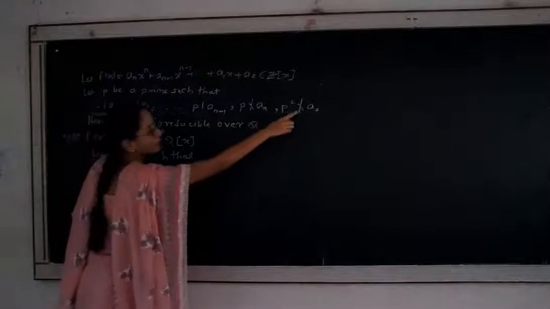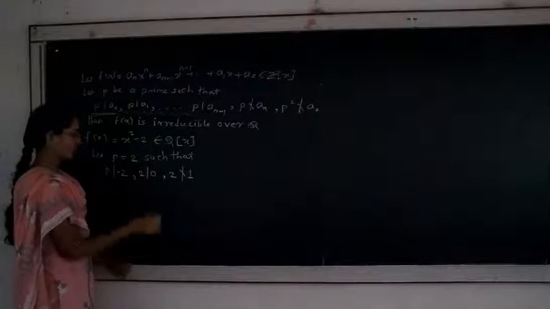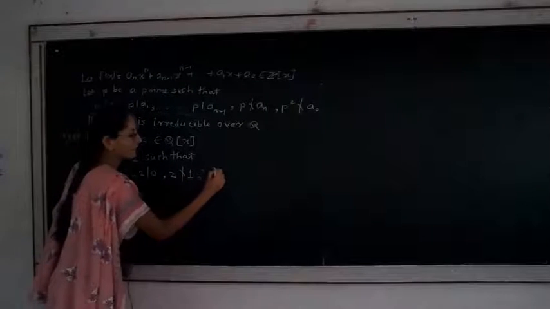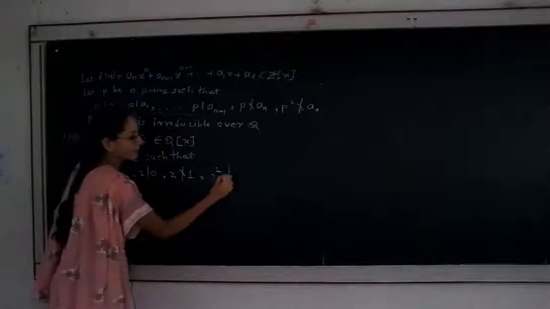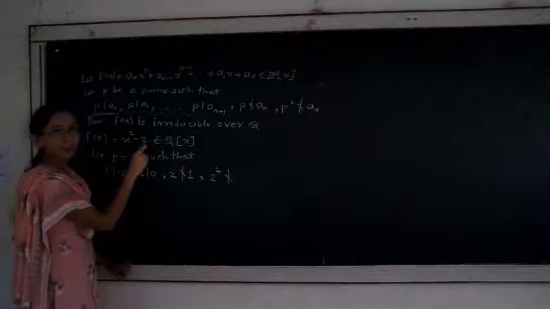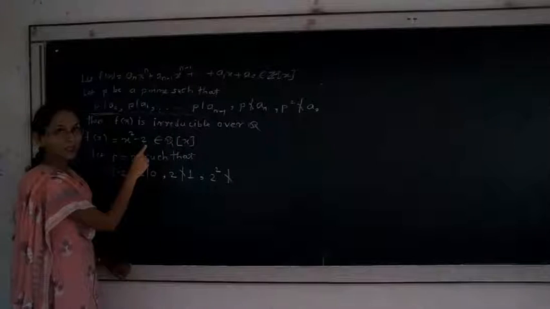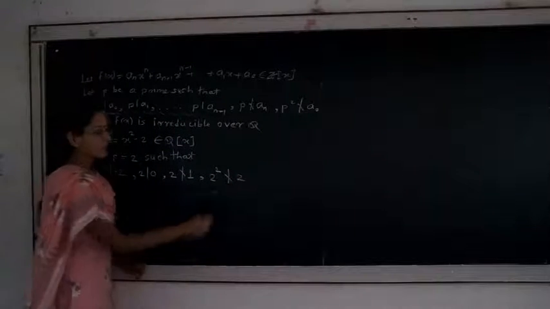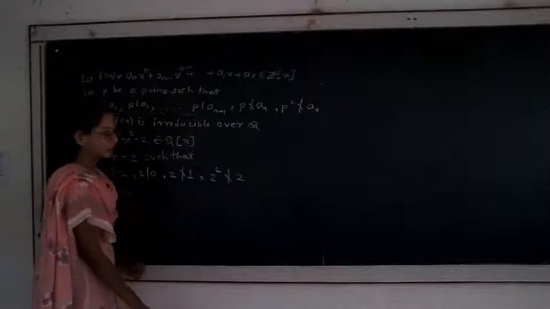Similarly, p square does not divide a0; here p is equal to 2 and p square is 2 square, which does not divide the constant term 2. 2 square does not divide 2, meaning 4 does not divide 2.